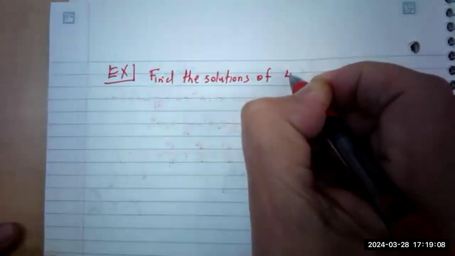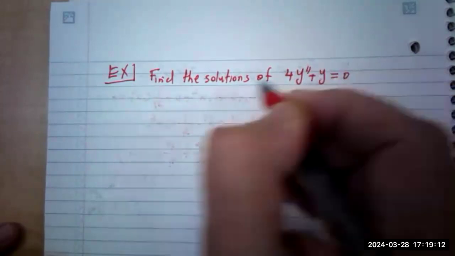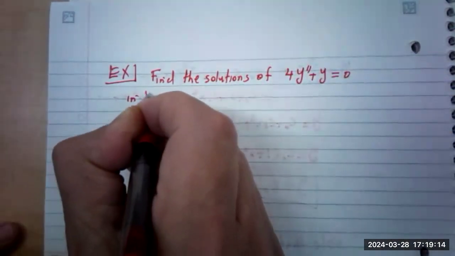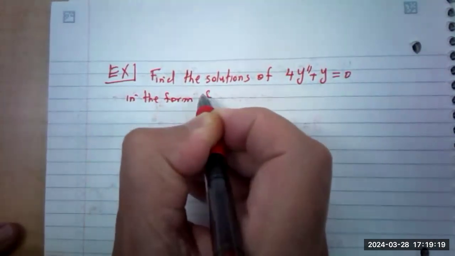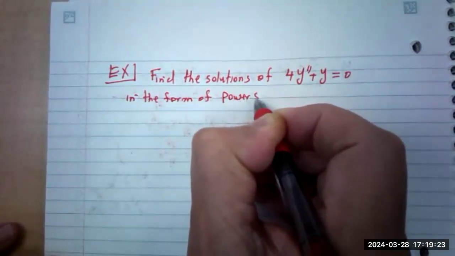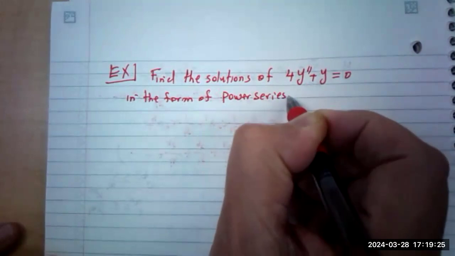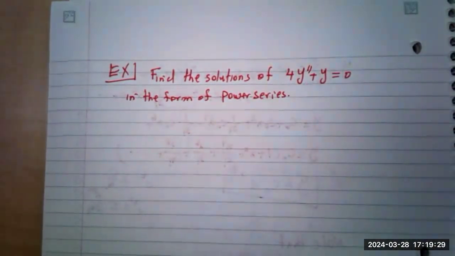This equation, y double prime plus y equal to 0, of course, in the form of a power series. I'll show you how you handle it when it is second order.